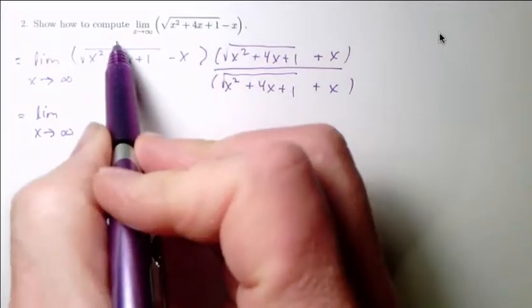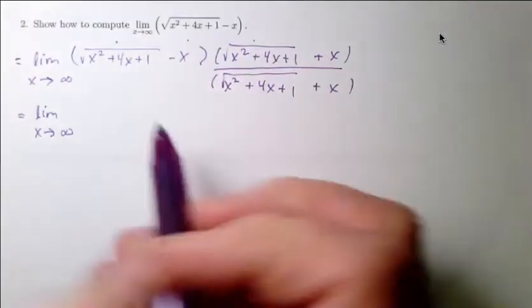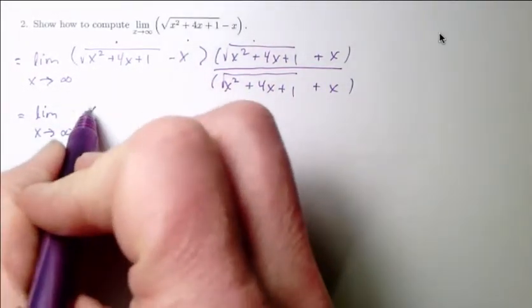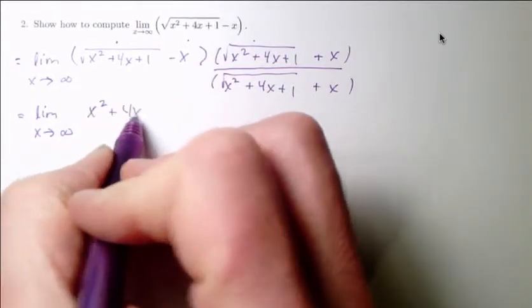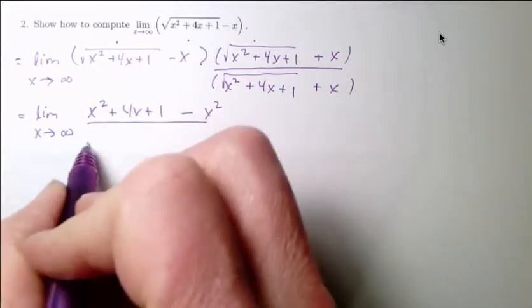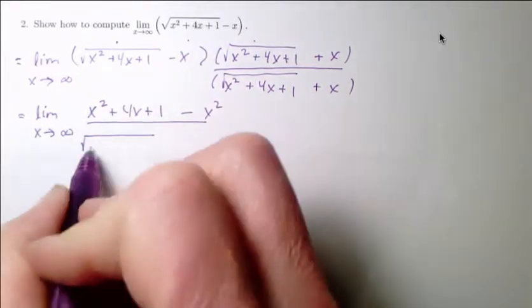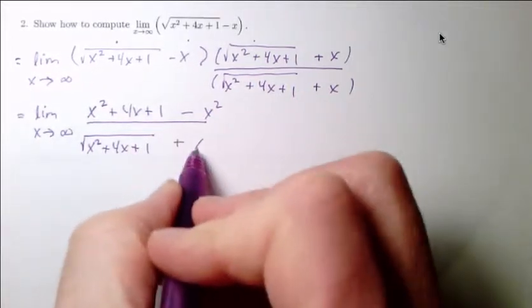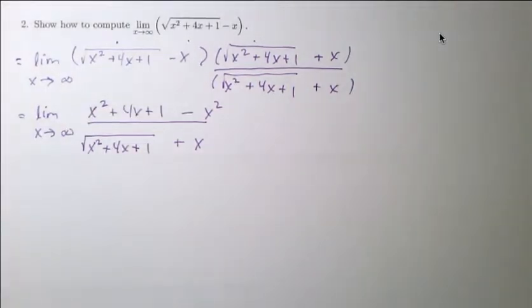Hopefully we see a familiar pattern here. A minus b times a plus b gives us a squared minus b squared. Of course, we immediately see some cancellation.